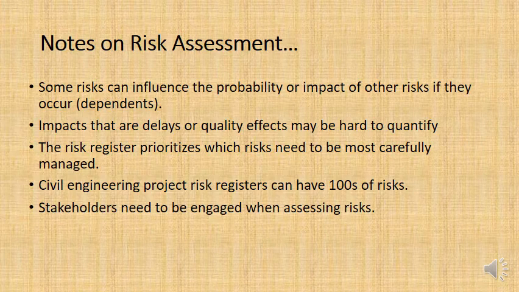Usually a civil engineering project will have hundreds of risks. So I've given you an example of the Townsville port being built, the new terminal. That's on Moodle. Have a good look at that, and you'll see there's actually dozens upon dozens of risks for that risk register for that civil engineering project.